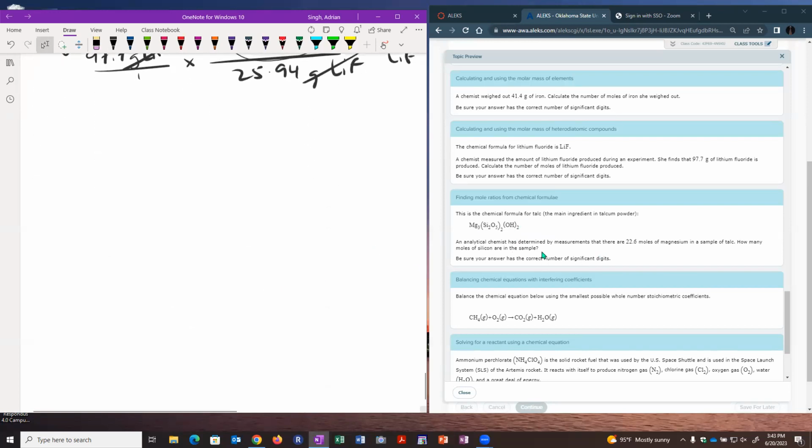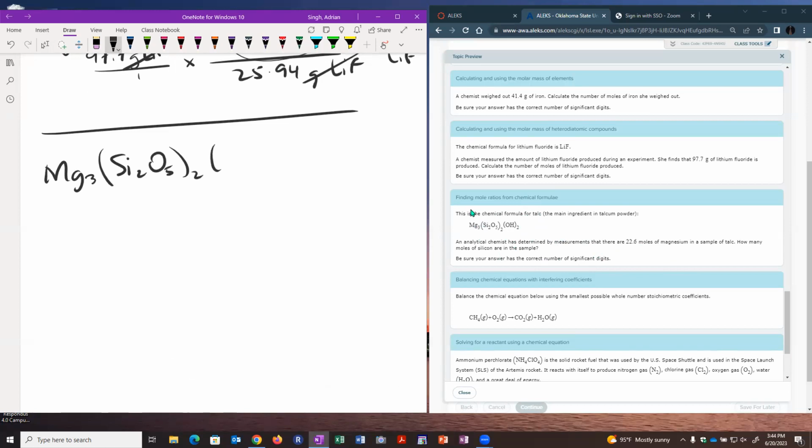All right, next one says the chemical formula for talc is given, which is found in talcum powder. So we have Mg3Si2O5, all of that times 2, and then we have OH 2.